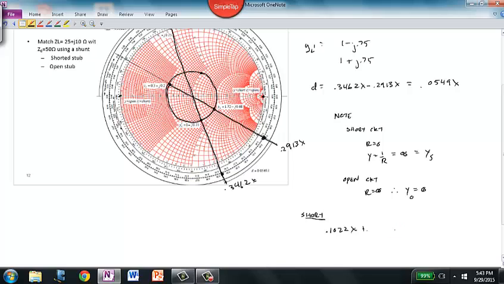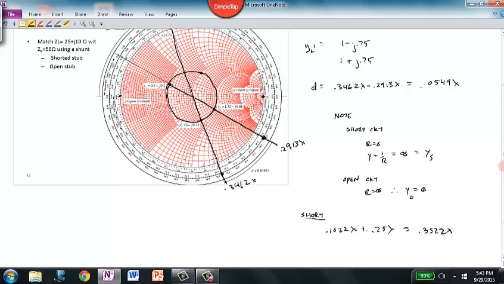I need to rotate from here to here, which is 0.25, and then I need to rotate from here to here, which is that 0.1022. So that's 0.3522 lambda.